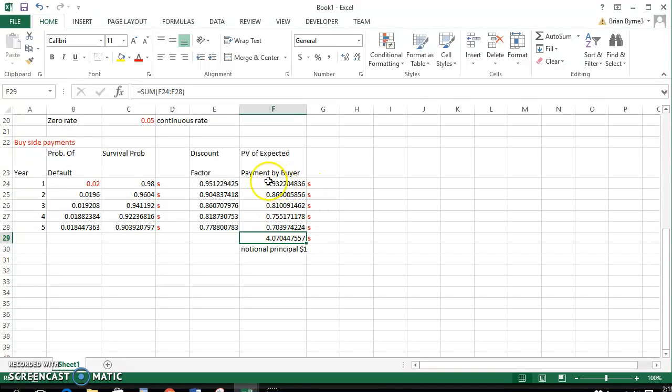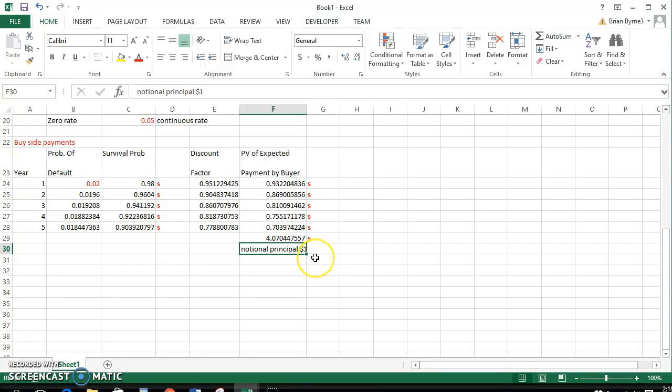When we take account of discounting and survivorship, the commitment to pay 5S is actually only worth 4.07S, and that would be 4.07% of whatever the value of the reference asset would be.